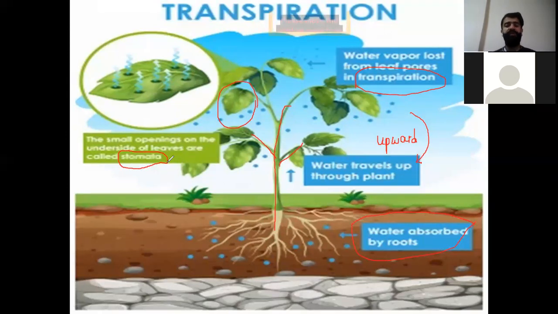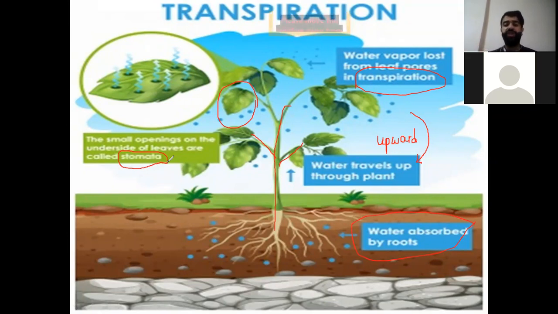What does this mean? Let's have a simple example. If I have a cup of water, and I place it, for example, on the windowsill for about 1 day under the sunlight, what will happen? The water will evaporate, and part of the water will be lost due to vaporization. Here, it's the same process.